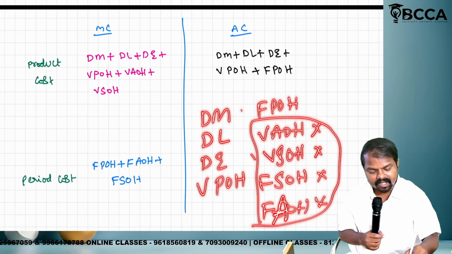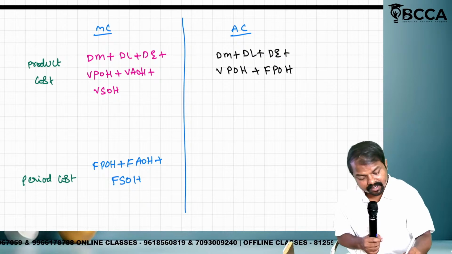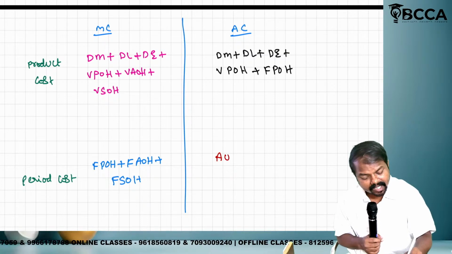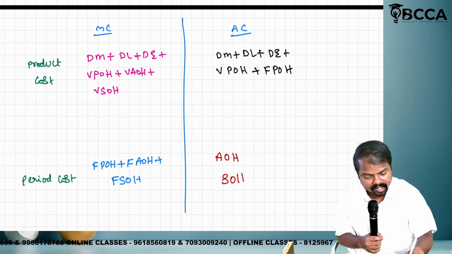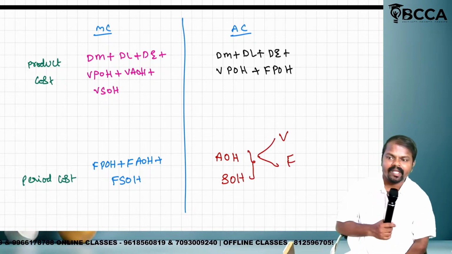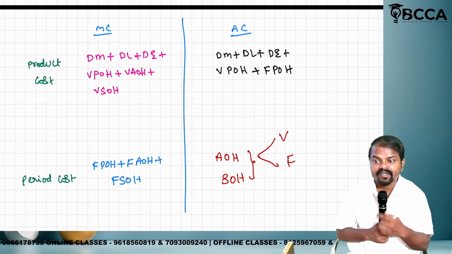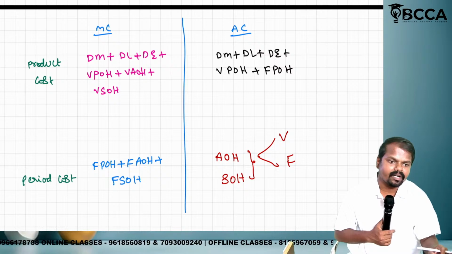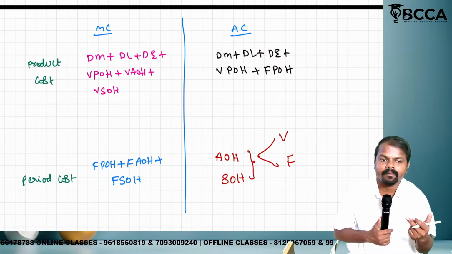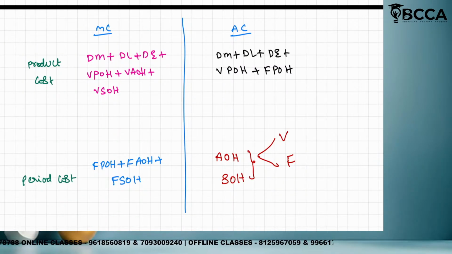Whatever is not covered is called period cost. Now tell me what is the period cost? AOH, SOH, either variable or fixed. We can say in simple words. Correct? Please make a note, otherwise you will forget what the period cost and the product cost are, as per marginal and as per absorption.